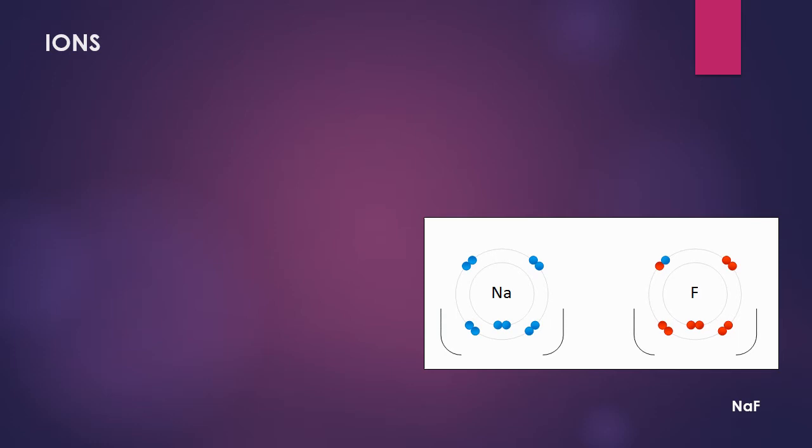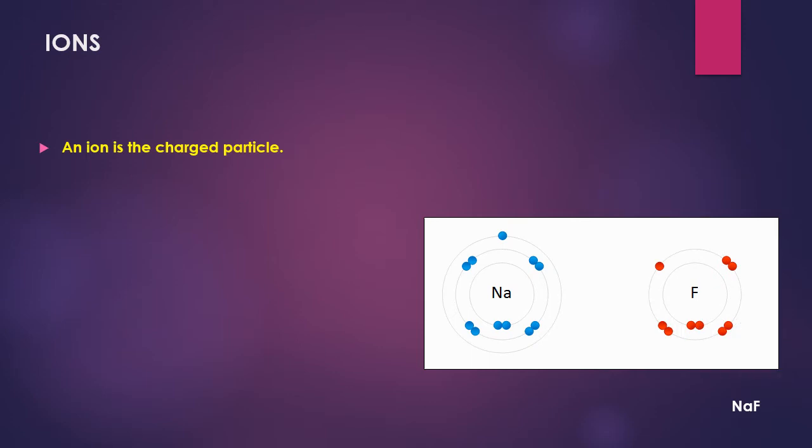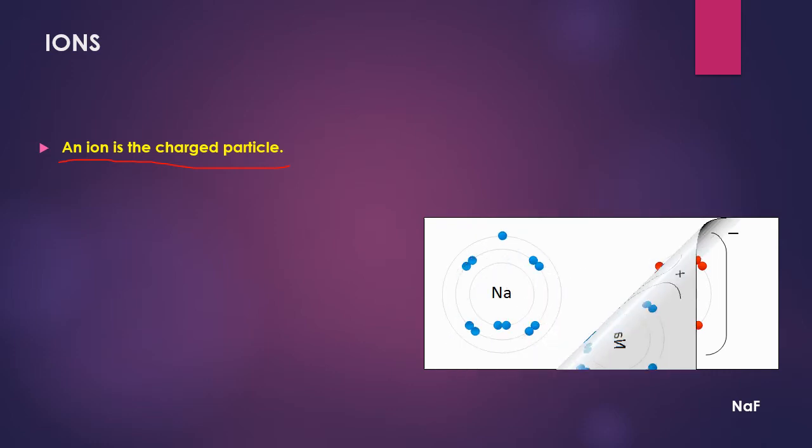What does ion mean? Ion means a charged particle. Very simple definition of ion is written over here, and that is an ion is the charged particle. What does charged particle mean? That I'll explain with the help of this example to you.